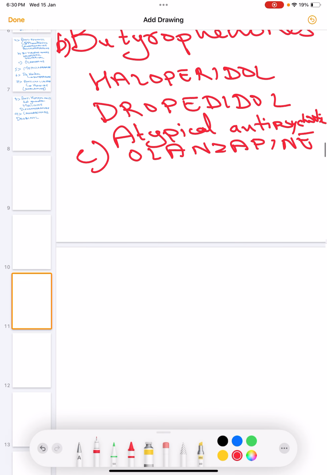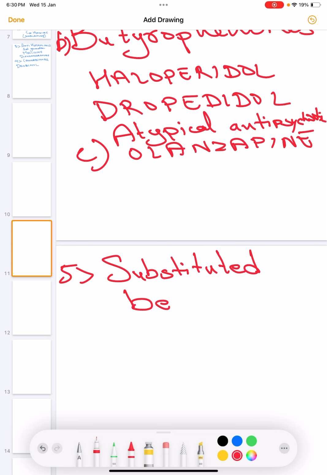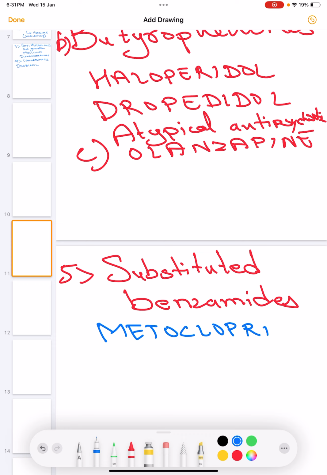Then after antipsychotics, there can be drugs like substituted benzamides, example could be metoclopramide, and trimethobenzamide.